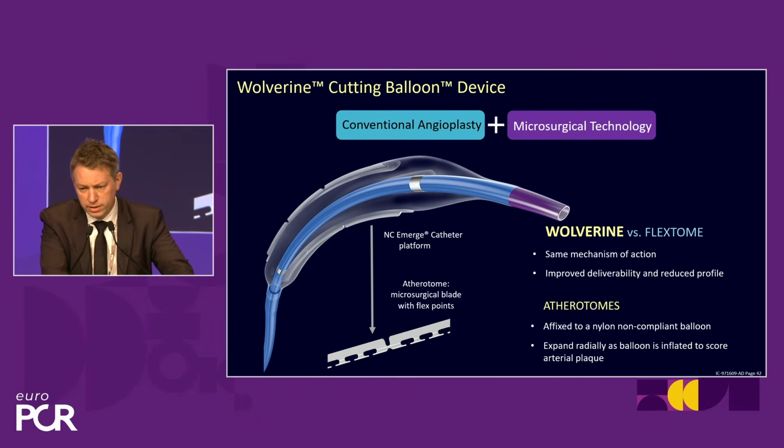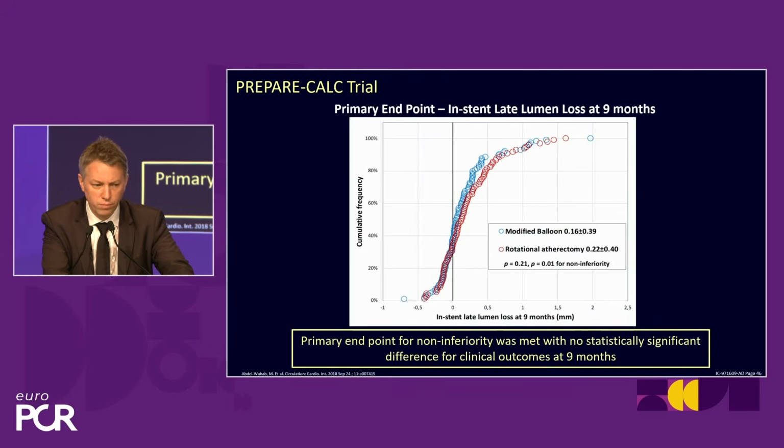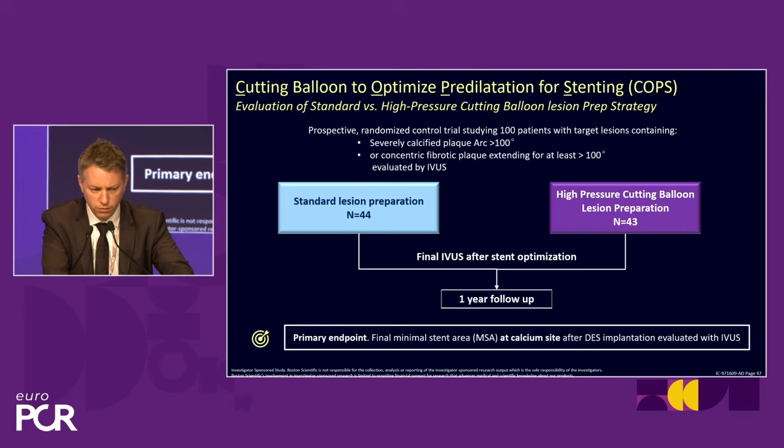A key element is using cutting balloon angioplasty early in the algorithmic approach, either at nominal pressure or with high pressure. We know from studies such as PREPARE-CALC that a modified balloon strategy as compared with systematic rotational atherectomy in all cases can provide comparable results when you look at efficacy. And for our efficient cath lab workflow, we factor in cutting balloon angioplasty up front.